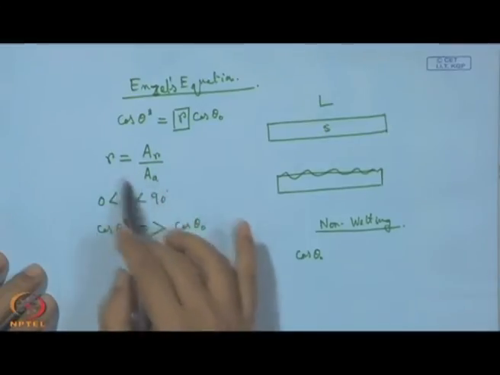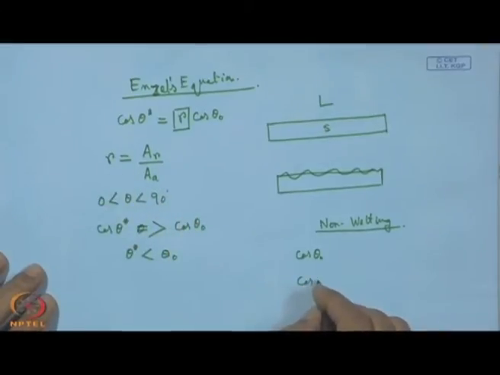By putting this equation here, we find that cos theta star will become more negative. More negative means it will approach more towards 180 degree. So theta star will be greater than that of theta O, because cos theta star is more negative than that of cos theta O.